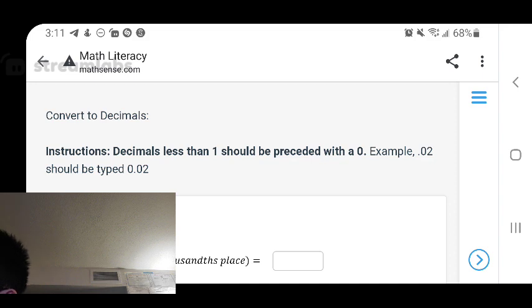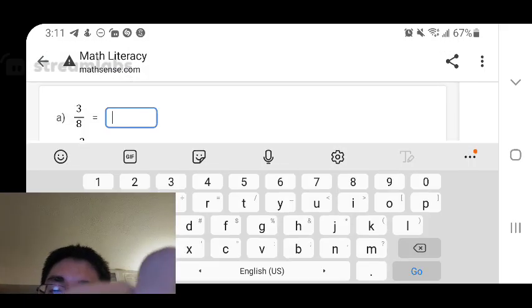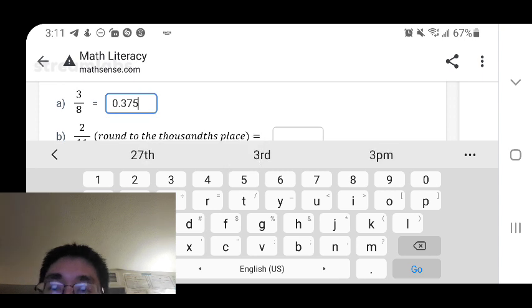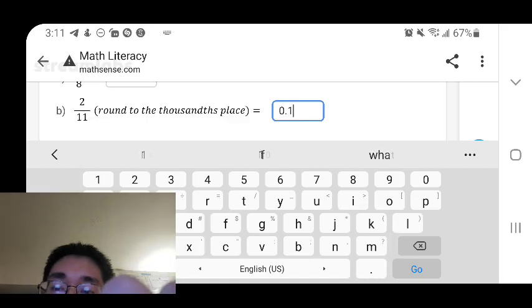Right, yeah, 11, 90, 88, 20, 11, loop, goes on forever. That'll be 0.182 because you round up. 1818, you round up to 182. Thousandths is 3 decimal places. Hundredth is 2. And tenths is 1.